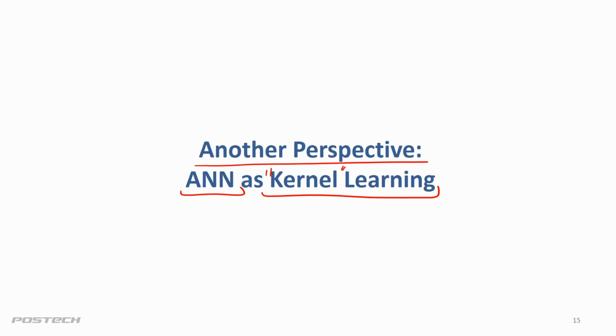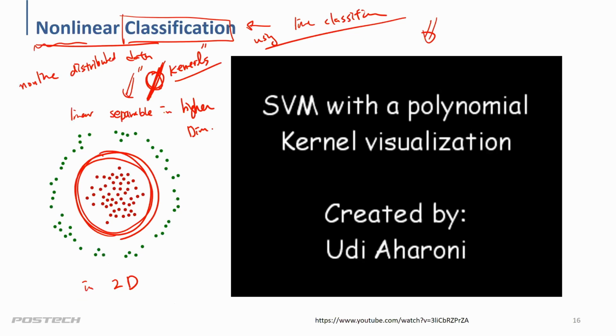And another perspective that I emphasize is that it's for the nonlinear problems. It's a kernel. So this is a typical problem for nonlinear classification. We learned that we are using kernels to map the nonlinearly distributed data set to higher dimensions, and in that higher dimension, or the linear space, it probably will be linearly separable.